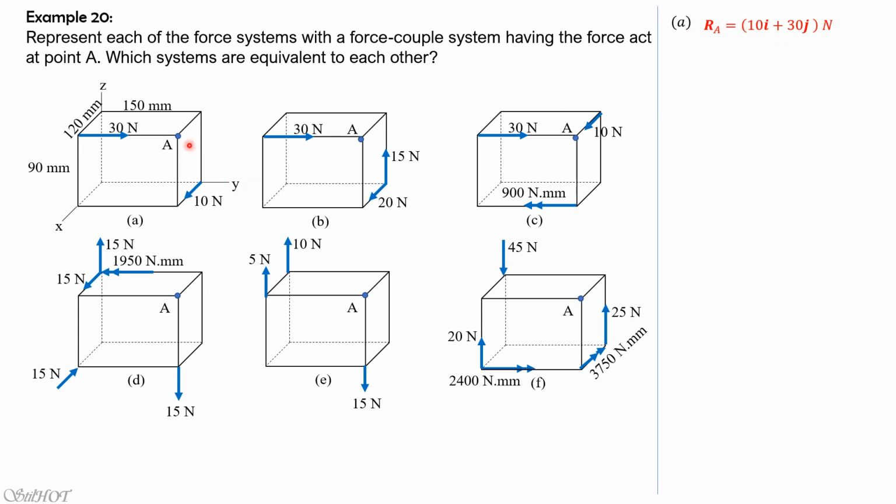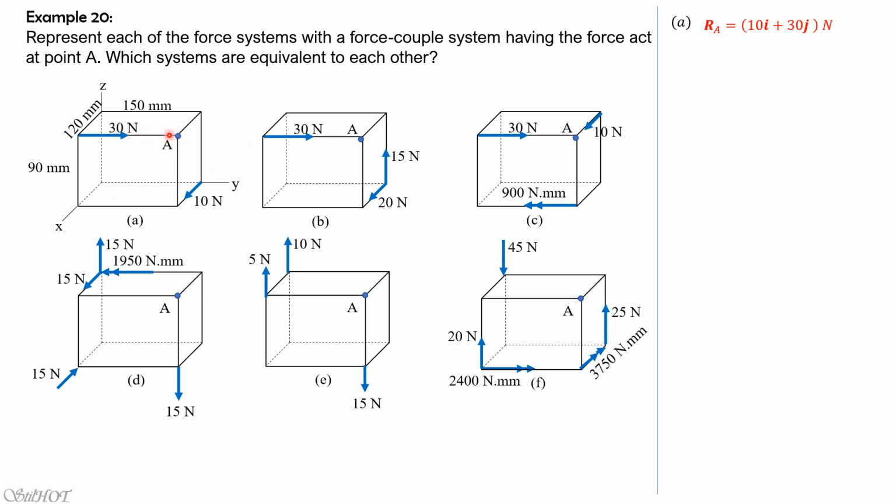Now, how about the couple? Remember, this is point A, so this is AX. This 30 Newton force passes through AX, so it has no moment about the AX axis. This 10 Newton force is parallel to X, so there's also no moment about AX. And how about AY?